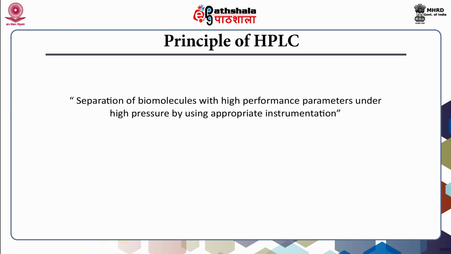So, that is why the principle of HPLC is again the separation of biomolecules with high performance parameters under high pressure by using appropriate instrumentation. What we can see here is appropriate instrumentation. That means HPLC needs special instruments with special characteristics. Let us see what are the HPLC instrumentations or the components in the next slide.